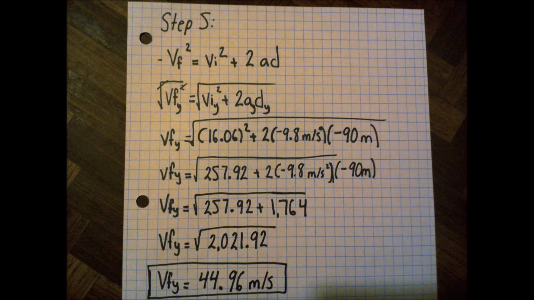Since we have a square on the part we are trying to get vfy for, we will square root both sides of the equation so the square root cancels out the square, and we will plug in our numbers from there. So we plug in 16.06 for viy, negative 9.8 for ay, and negative 90 for d. From there we get vfy equals 44.96 meters per second.